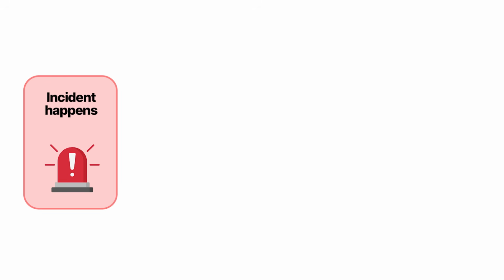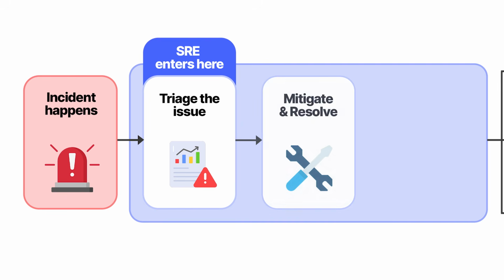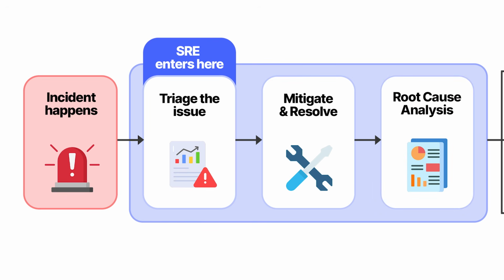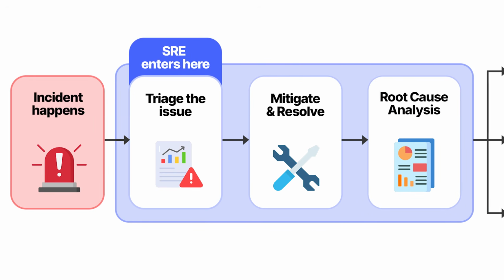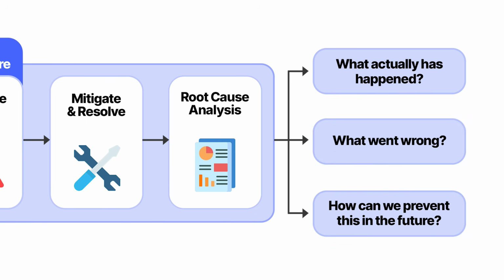Whenever an incident happens, whenever an accident happens in the city, they are the ones who get the call. They are 911. So they get the call, they go and triage the incident, they help mitigate the issue, and then they help provide the post-mortem report or the root cause analysis of what actually happened, what went wrong, and how we can prevent this in the future.